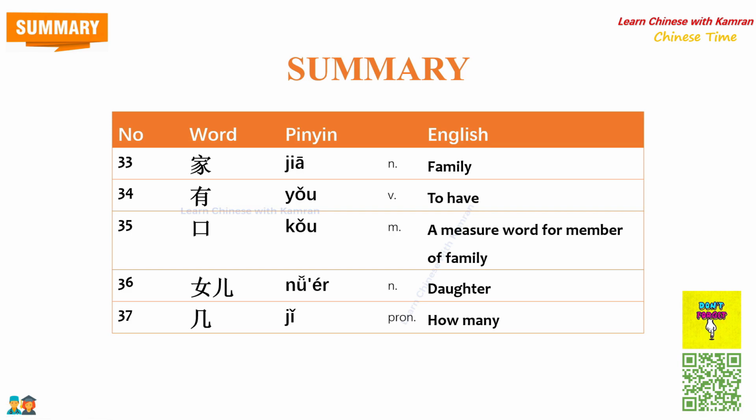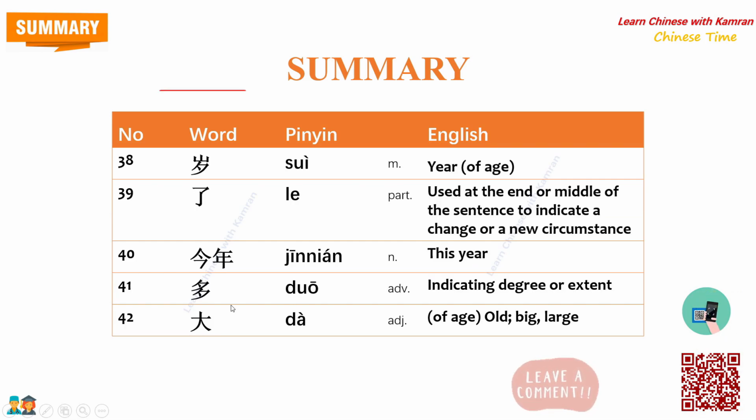If you want to say in my family there are 4 persons, you will say 我们家有4口人. 4 is 4, 口 is a major word, 人 is people. 我家有4口人. 口 is a major word. 36 is 女儿, 女 is woman, 女儿 is daughter. 几 is how many. 38 is 岁, used when you are talking about your age.